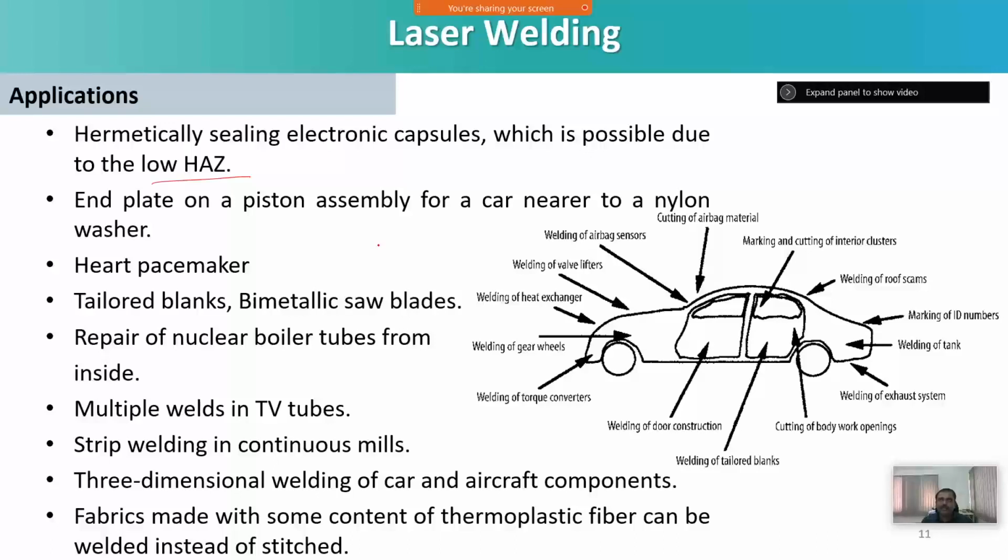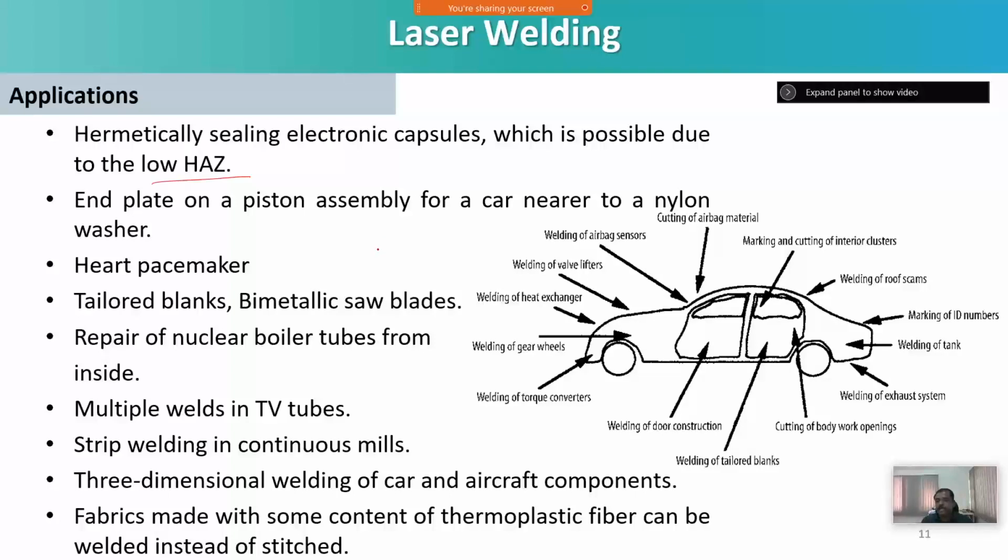It won't get distracted very easily, and it won't get diffused into the surrounding part of the material. So you get a low heat affected zone, and the thermal disturbance to the surrounding material is very, very limited, which is very much required in many applications.